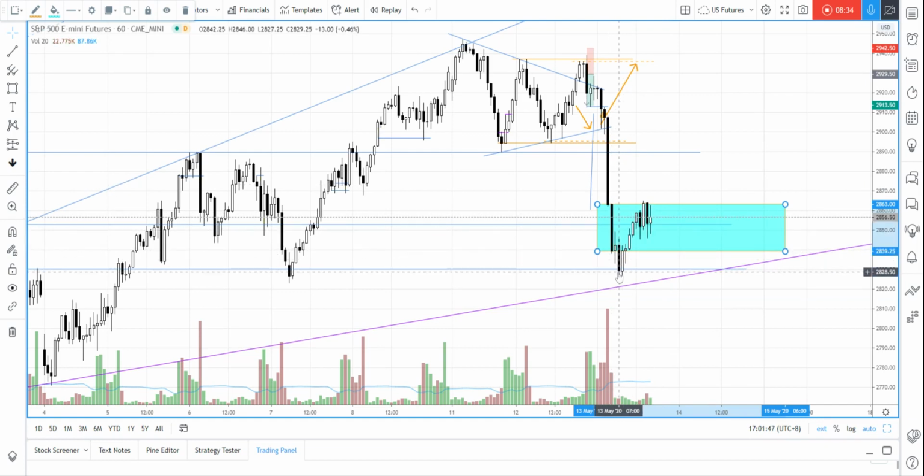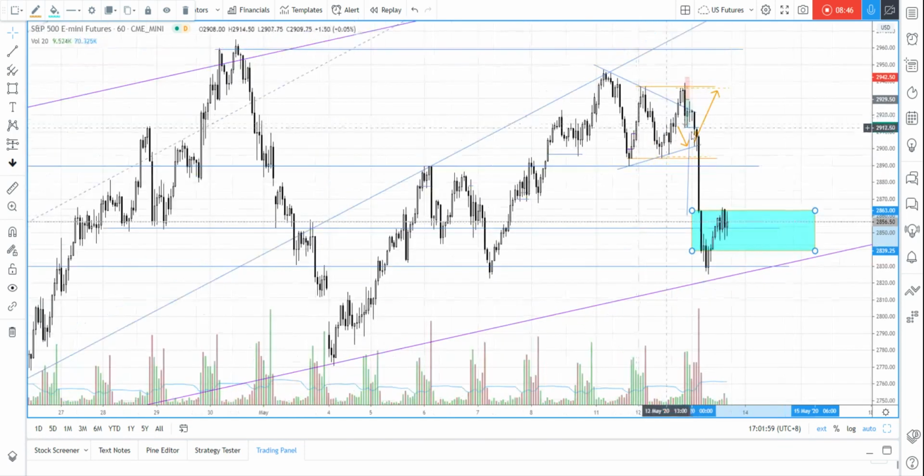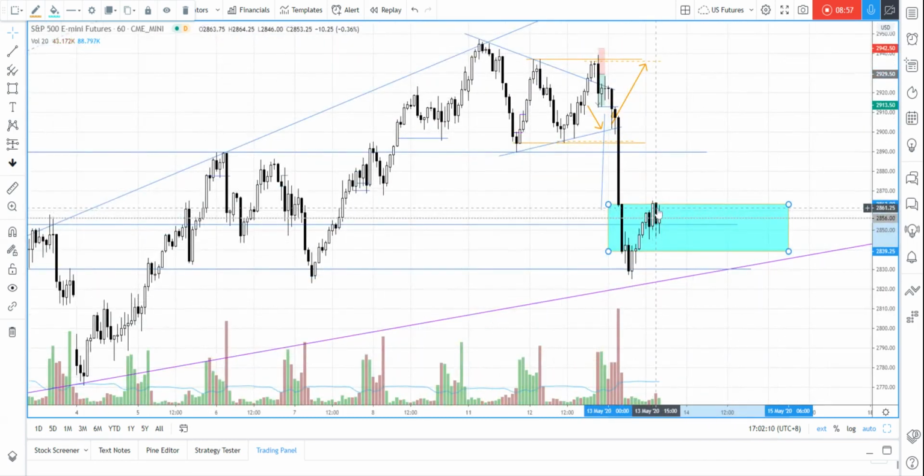The rally up from the low at 2830 is quite important at the moment, because it can provide some hints whether we have a continuation of the sell-off from yesterday. If we do, then we probably see some kind of weak rally up, maybe something like this, and then a continuation of a breakdown of 2830.